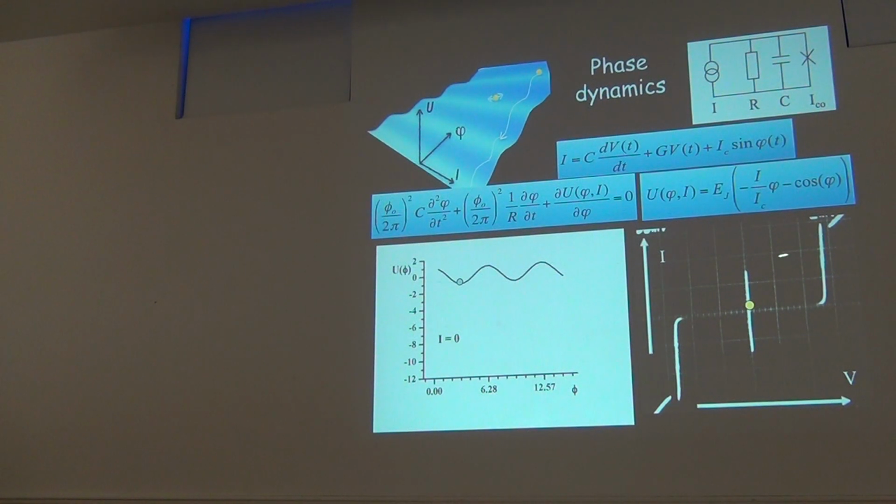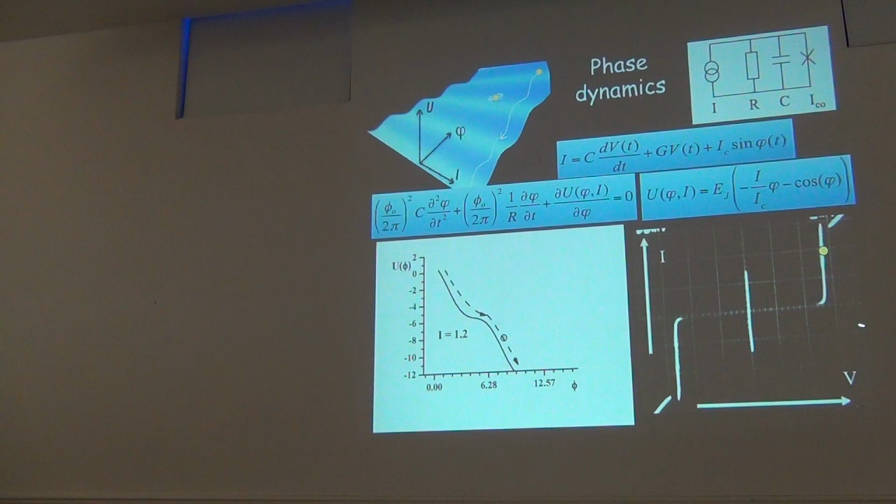But if you measure IV curves and you are moving around here, you are changing the slope, and at some point you will see resistance in your IV curve. So it's amazing how this, I would say stupid in some sense, measurement of IV curves is a direct picture of the macroscopic phase behavior of the junction.